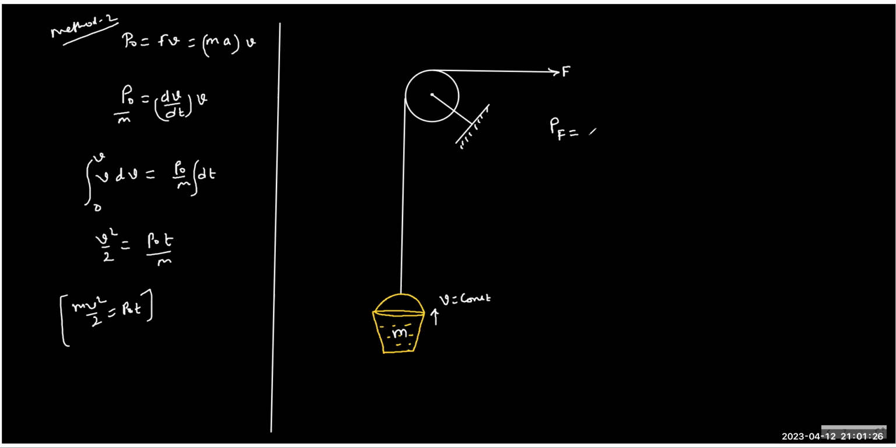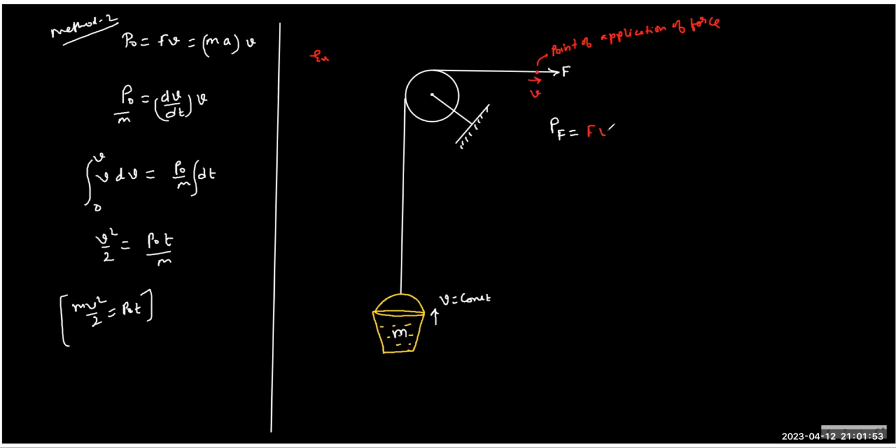So it is the same answer. Power is force into the velocity of the point of application of force, not of the object. If you consider the point of application here, you can clearly see that this point is moving with speed V, right?